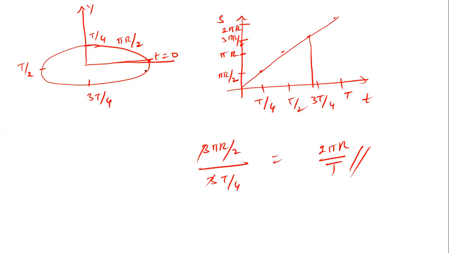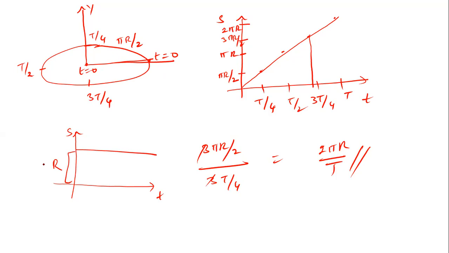But here in the distance time graph, if the observer was at this point at t equal to 0, and you ask me what the distance time graph is for this particle, then it would have been only a straight line. Do you agree with this? Yes, sir. Because the distance of the particle with respect to me, when I'm the observer here, will always be a constant radius. So this would have defined the radius of the particle.